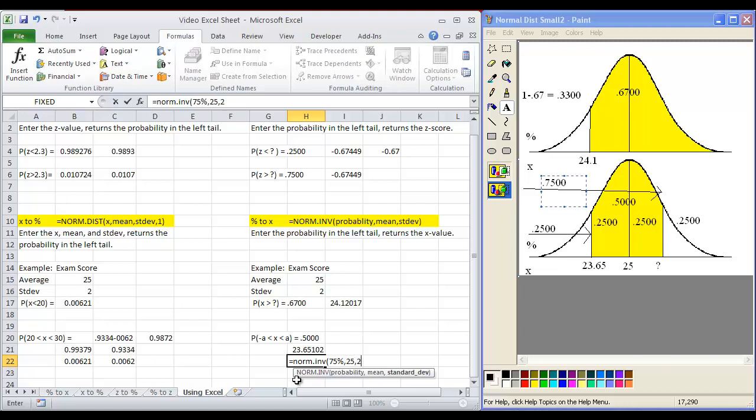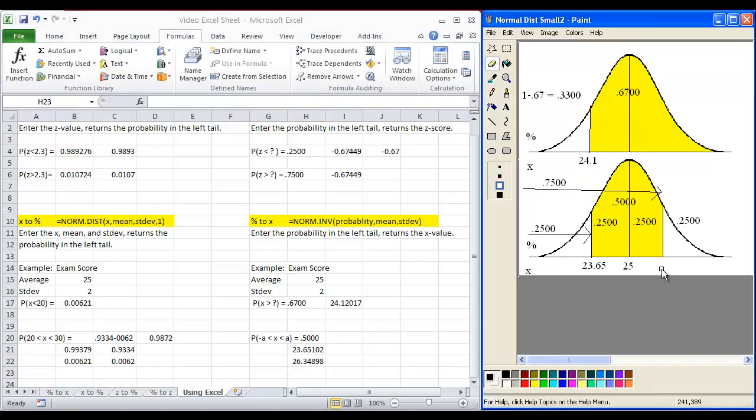And the mean is 25 with a standard deviation of 2. So 26.34 is going to be the next value, 0.35 if we round. So 26.35. So the middle 50% of people will score between a 23.7 and a 26.4.